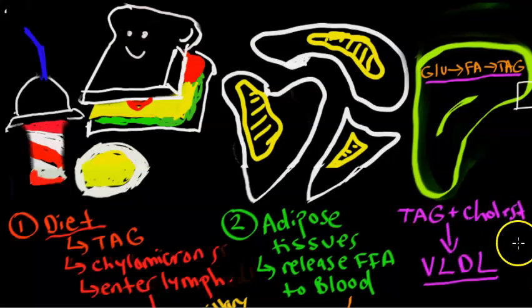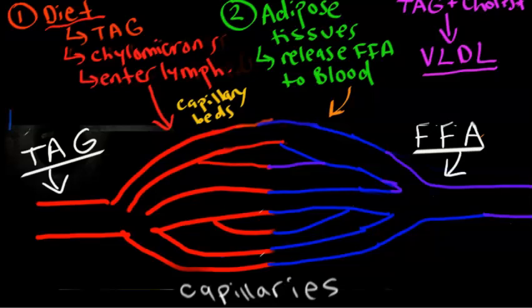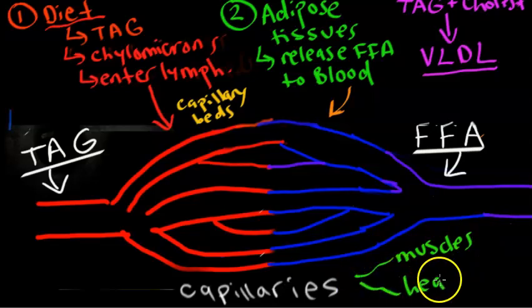So there's many ways that free fatty acids can enter the bloodstream. Okay? And once they enter into the bloodstream via the capillaries, right, they can be delivered into either the muscles or the heart, for example, which are very, very important tissues, as you guys already know.